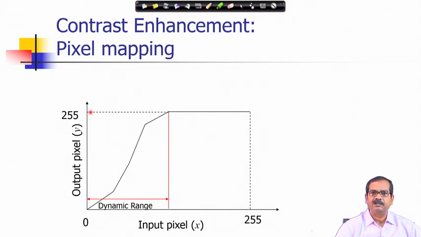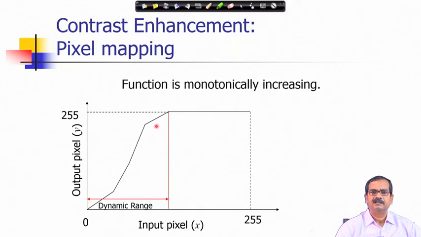One property you need to preserve is that this function has to be monotonically increasing: if you have two pixels x2 and x1 and x1 is higher than x2, then the corresponding y1 should also be higher than y2. That keeps the consistency of displaying brighter pixels brighter and darker pixels darker.